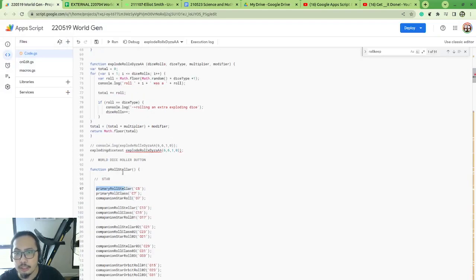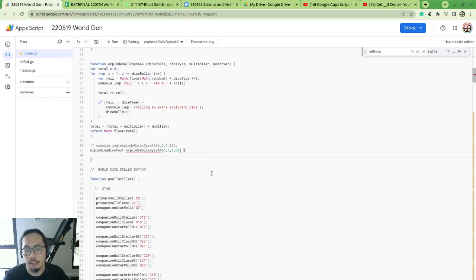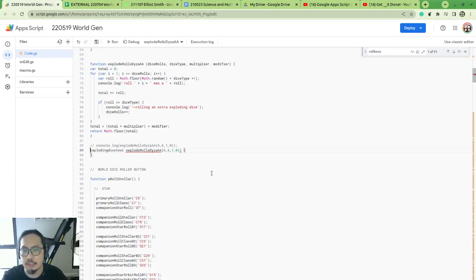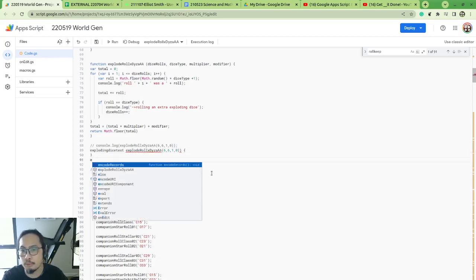Yeah, okay, AC44. It should be curly brackets. Let's put 6d6, so first we'll do that, and then next is exploding dice test.